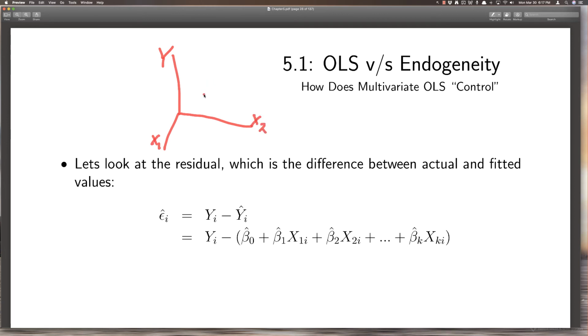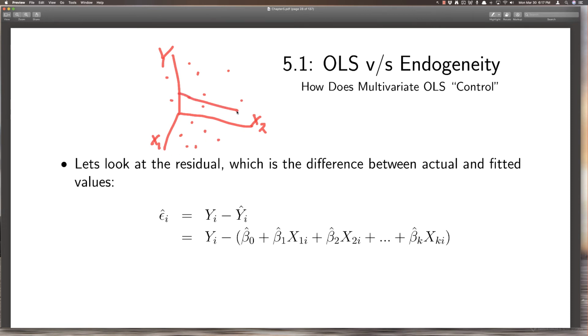So now this is a cube filled with dots. And there's still going to be a line going through the space, but it's going to minimize the distance to this cloud of dots, more like a literal cloud now than before. It was a cloud, quote unquote, but it was on a flat surface, on a plane. We could draw it on the board. Now these dots fill kind of a cube if there's 2 right-hand side variables, and the best fit line comes through it.